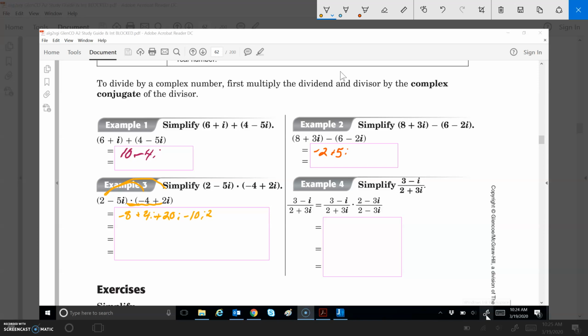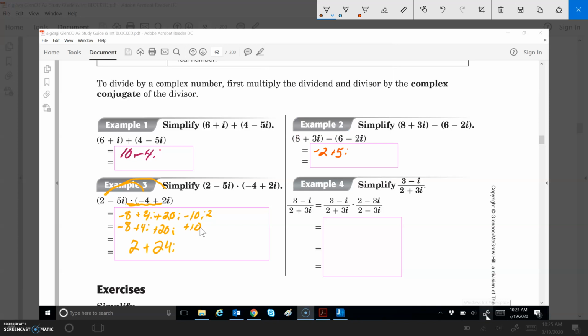Well, i squared is -1, so really this is a plus 10. So we have -8, plus 4i, plus 20i, and plus 10. Like terms: positive 4i plus 20i is 24i. -8 plus 10 is 2. And we're done.